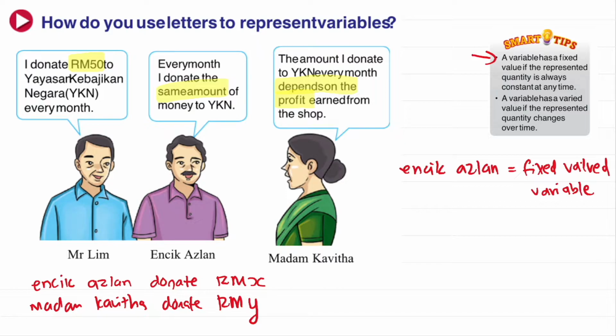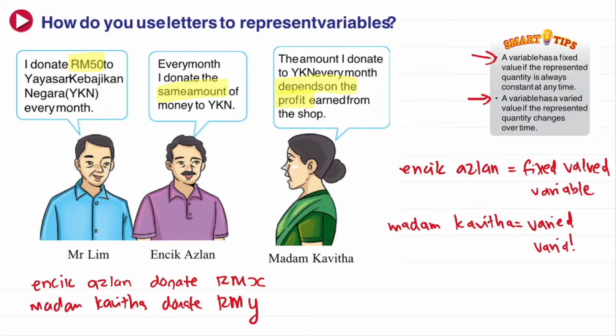Yang mana, untuk Madam Kavita pula, kita refer kepada second point dekat situ, iaitu a variable has a varied value if the represented quantity changes over time. So, Madam Kavita ni dia adalah varied quantity ataupun varied variable.